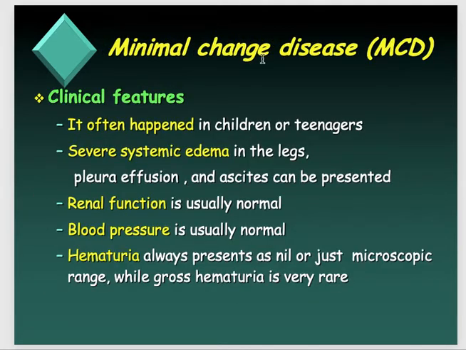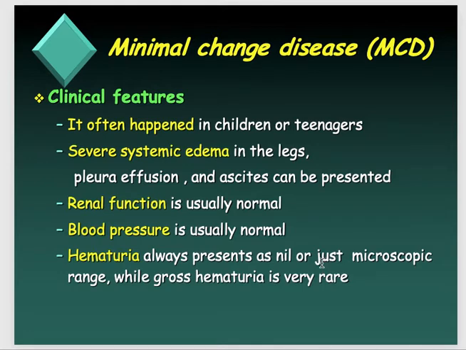So the first one here is minimal change disease, right? It often happens in children and teenagers. They present with edema, pleural effusion, ascites. Renal function is usually normal, blood pressure is usually normal, and hematuria is either nil or just in the microscopic range, while gross hematuria is very rare.